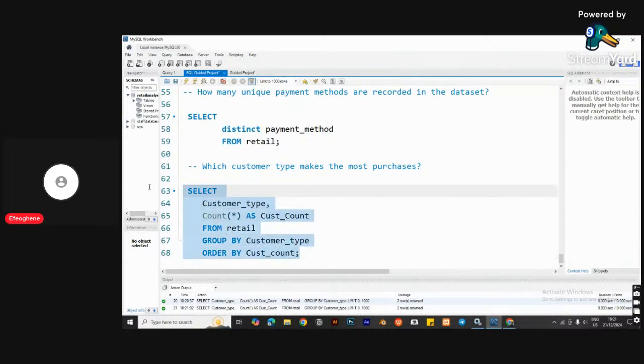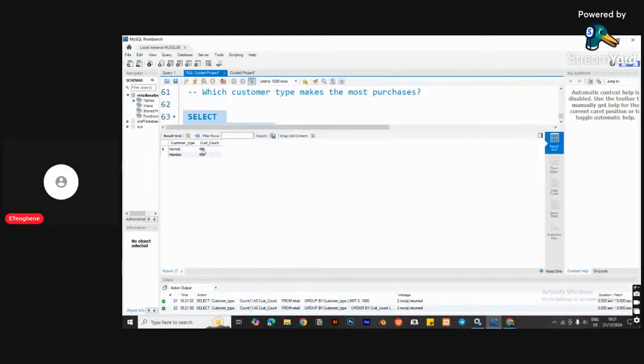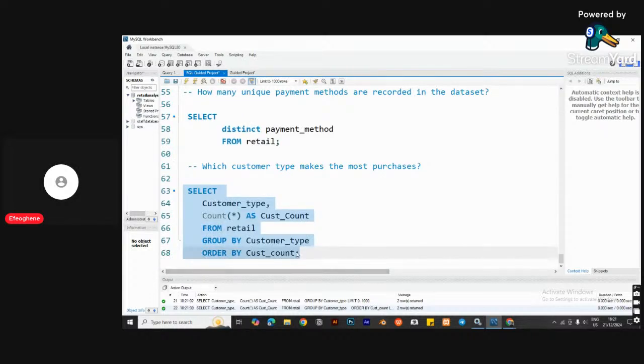Here's one thing that can be tricky. What did I just do? I didn't specify which order. So let's do descending order.